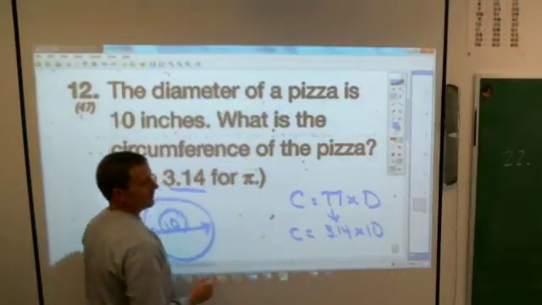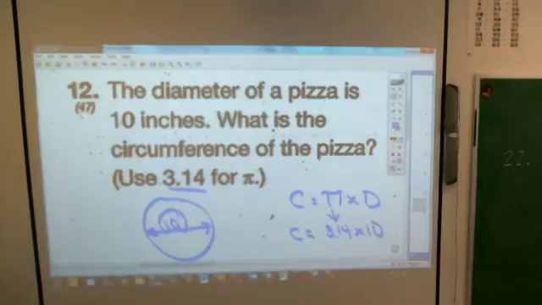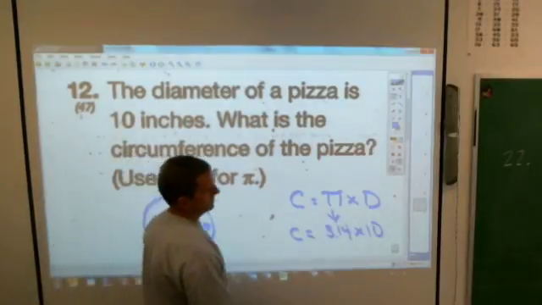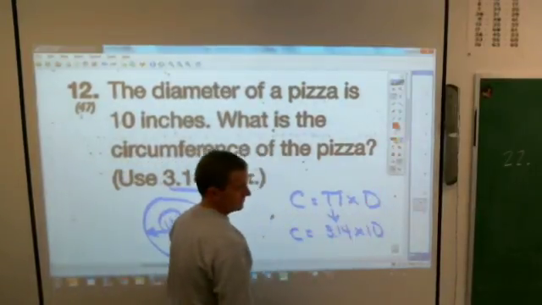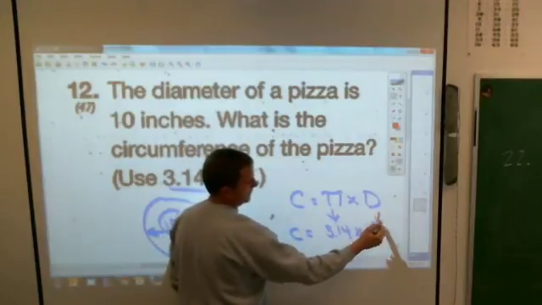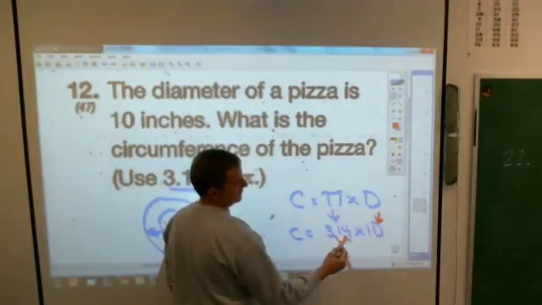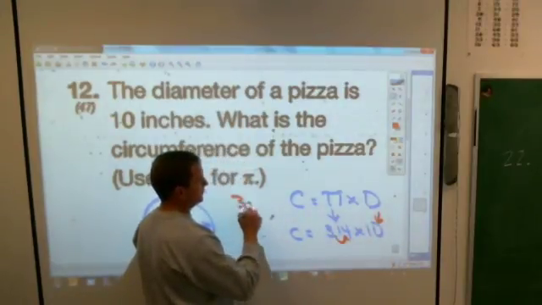Now, the beauty of multiplying by 10 is it's mental math, and you should be able to do that. You shouldn't have to write that all out, because when you multiply by 10, all you need to do is do what, ladies and gentlemen, Madison? Move the decimal to the right as many times as there are 0s, and with 10, you move the decimal 1 place to the right, it's 31.4.